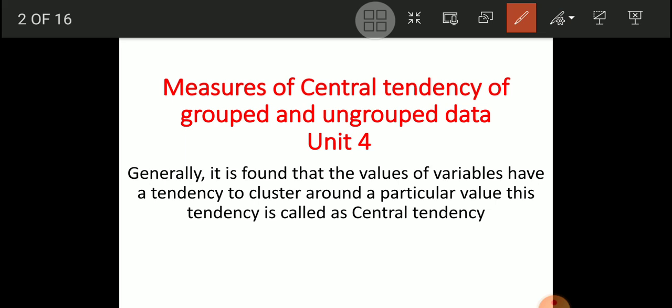Actually, central tendency is nothing but that values of variables have a tendency to cluster around a particular value, and such a tendency is known as central tendency.